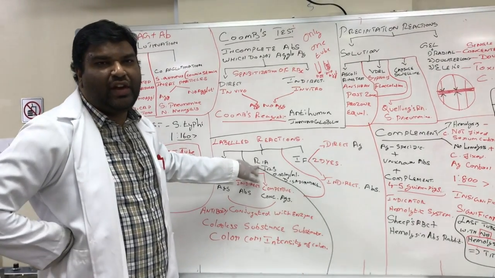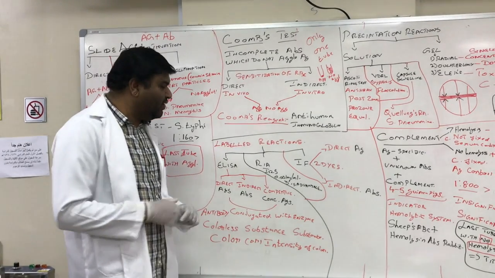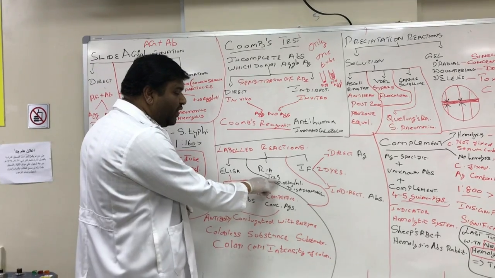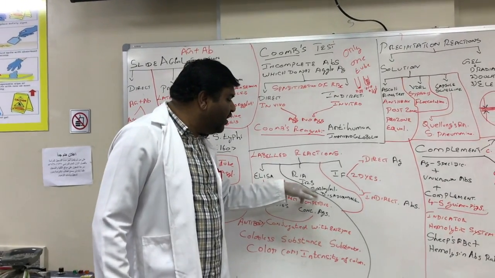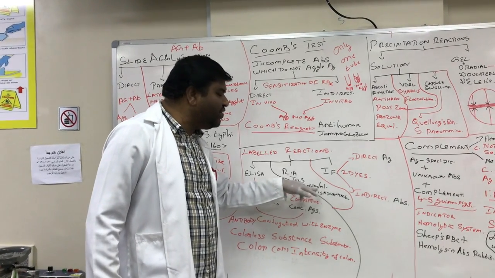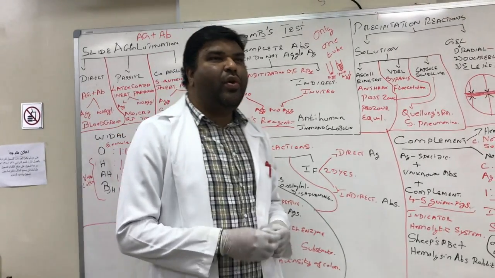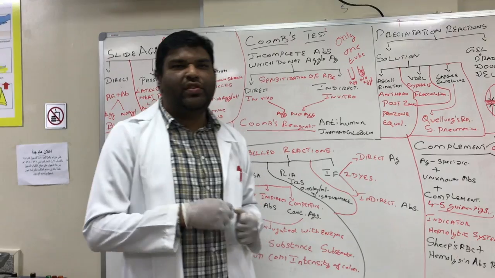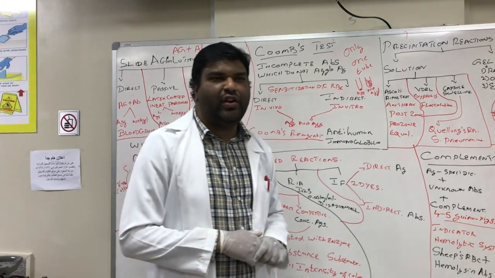Regarding the RIA, what is RIA? It is a radiolabeled immunoassay. And here you have to know certain things about RIA. The isotope used is I-125. It is a very sensitive method. It can measure as low as 0.001 mg per ml. It is one of the important methods used for the concentration of vitamins, hormones, enzymes, etc. But this also has disadvantages.